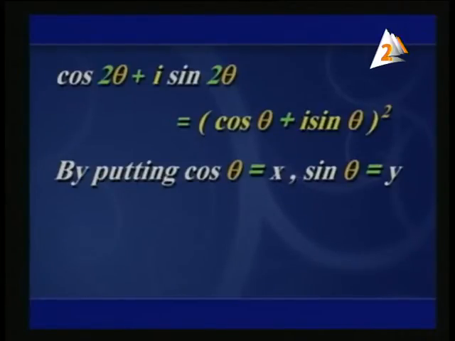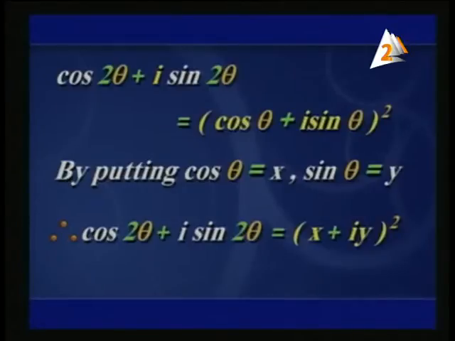By putting cosine theta equals x and sine theta equals y, therefore cosine 2 theta plus i sine 2 theta equals (x plus iy) all squared equals x squared minus y squared plus 2xyi.